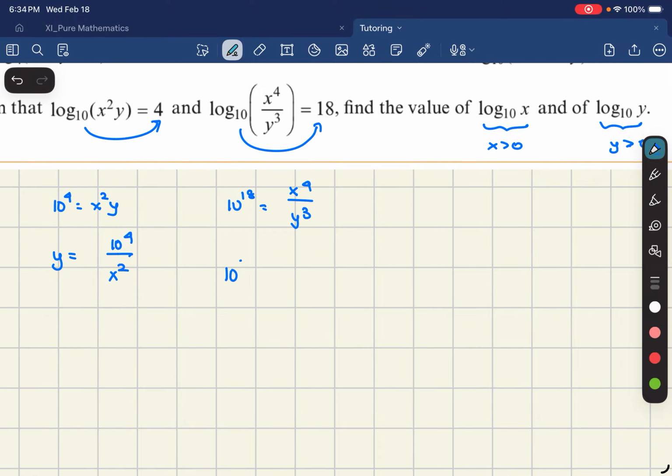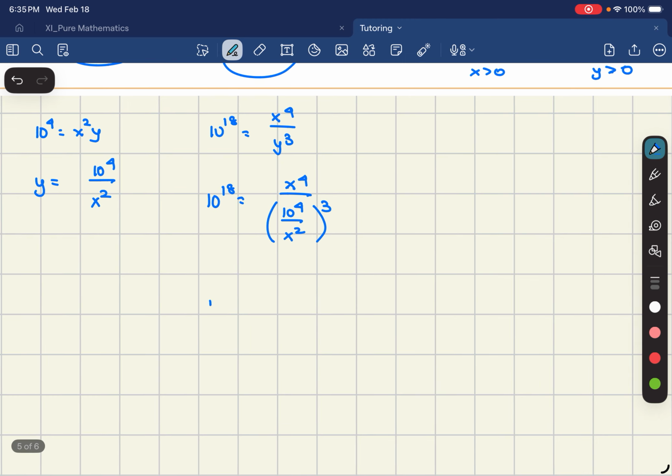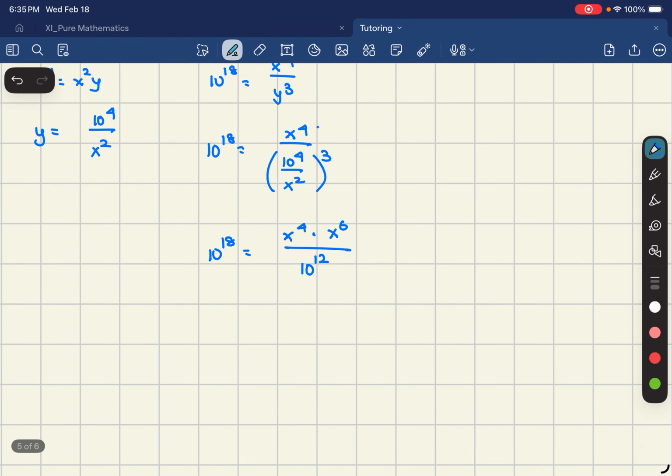And I can substitute that y here. I can say that 10 to the power 4 over x squared, cubed. That gives me x to the power 4 times, and I'll leave the simplification to you because I think it's good practice, x to the power 4, which is in my numerator, times x to the power, this thing is going to pop up to the numerator, so x to the power 2 times 3 is 6, divided by 10 to the power 4 times 3 is 12.